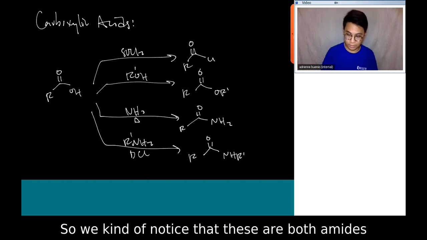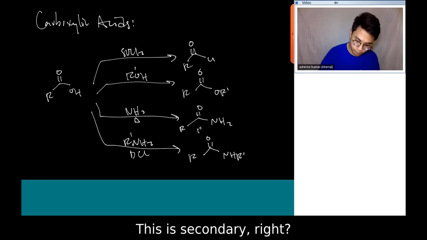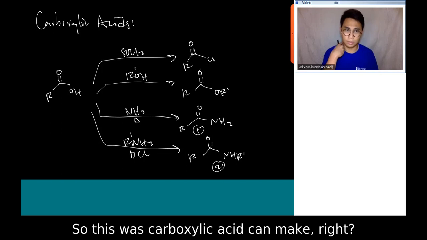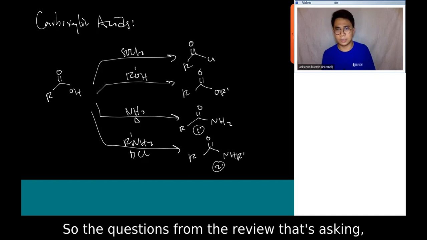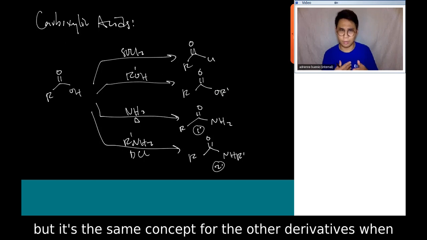So we kind of noticed that these are both amides, but this is primary, this is secondary, right? And then esters. So this is what carboxylic acid can make, right? So the questions from the review that's asking, it wasn't about carboxylic acids or anything like that, but it's the same concept for the other derivatives.